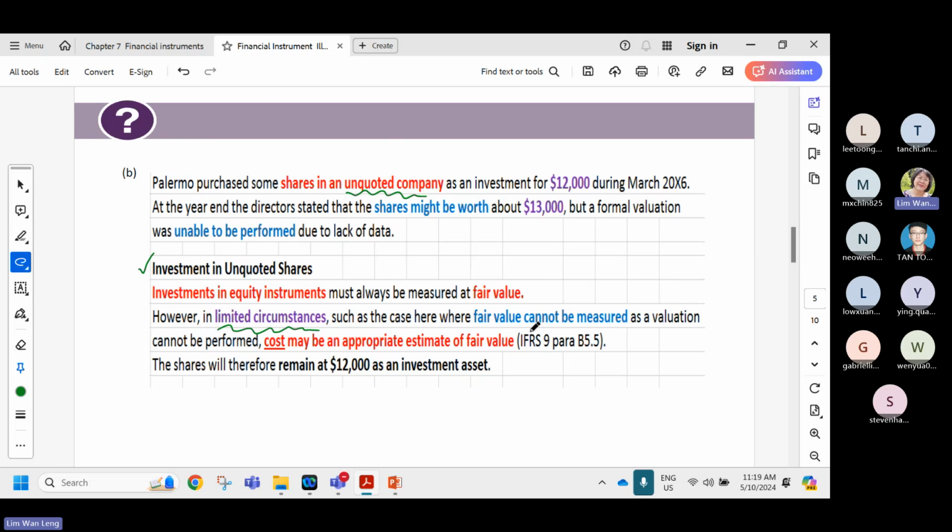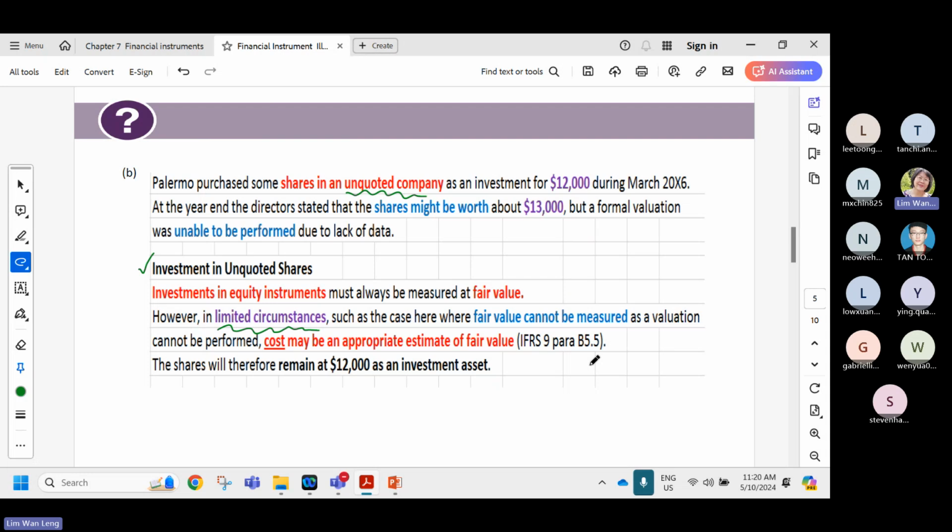So you just say, okay, now you cannot find the fair value because the shares are not openly traded in a stock exchange, because it is an unquoted company. The best that we could do is just use the cost as the appropriate estimate for the fair value in this case. And of course, this is a scenario supported by paragraph B5.5 of IFRS 9.